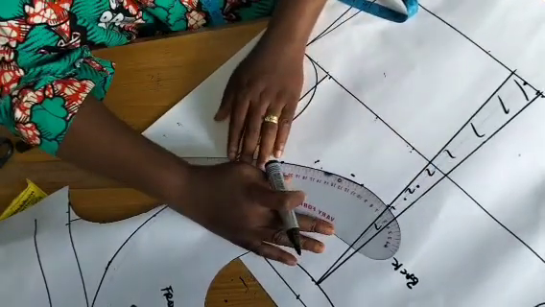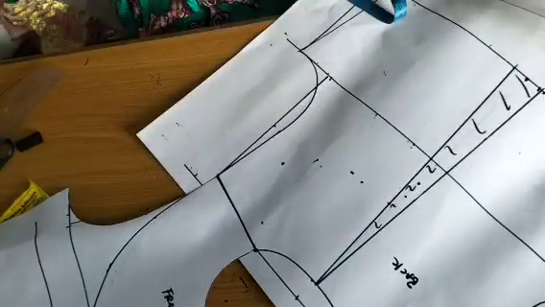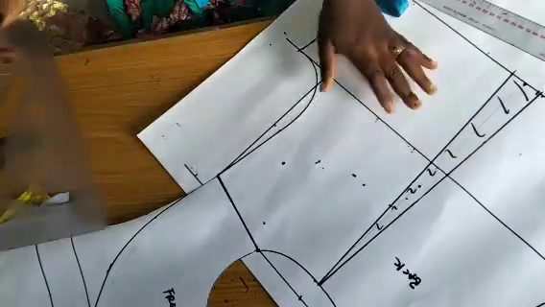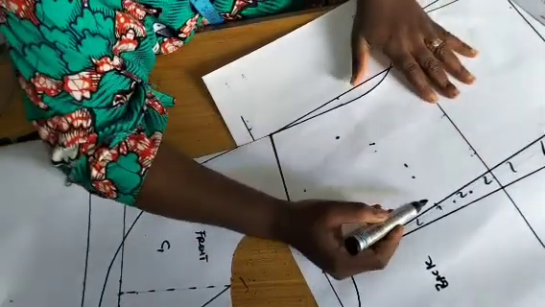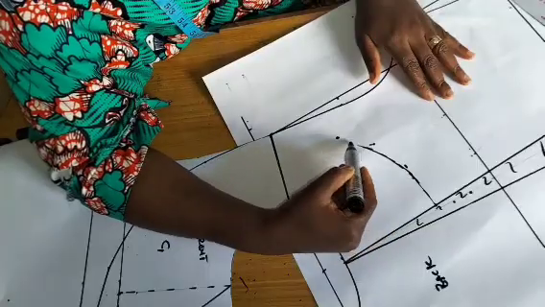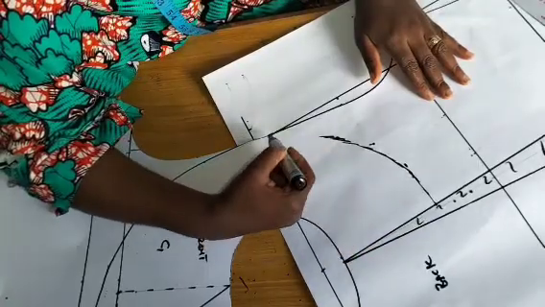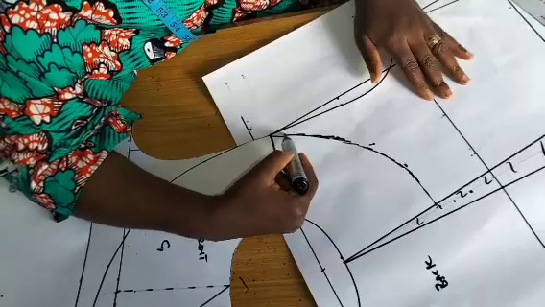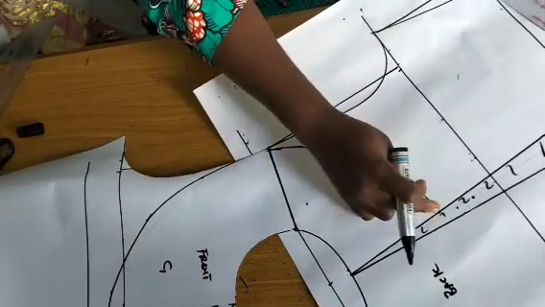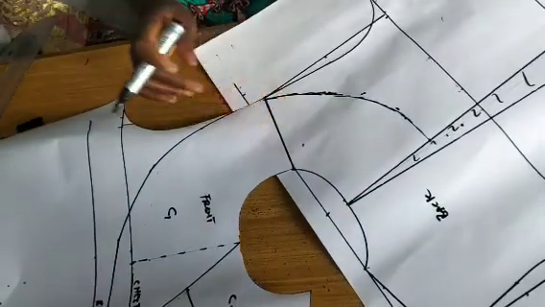The ruler I have here will not be able to make this what I want for me. So I'll just go ahead, because I know what I want to do and I have it right in my head. Can you see? So the cape runs and overlaps at the center back for this part.